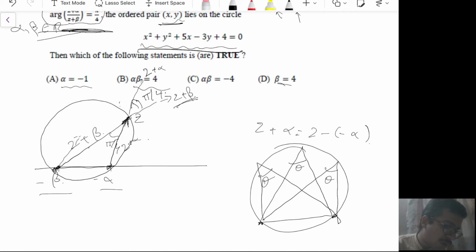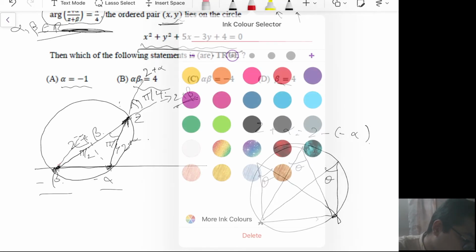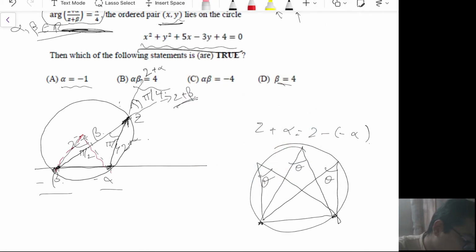Note that the chord joining minus alpha and minus beta makes an angle of twice pi by 4, which is pi by 2, at the center. So this angle at the center should be 90 degrees. And we are already given that this is a circle, right?